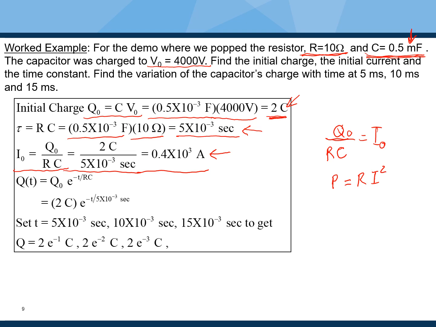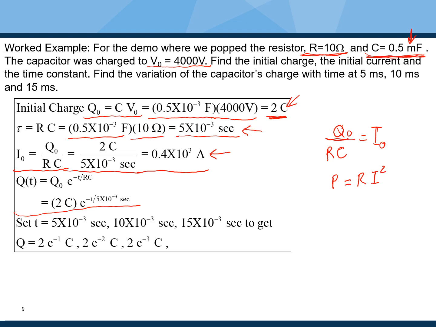So we see that the charge in this problem evolves so that it diminishes exponentially. And that's this expression out here for Q as a function of time.